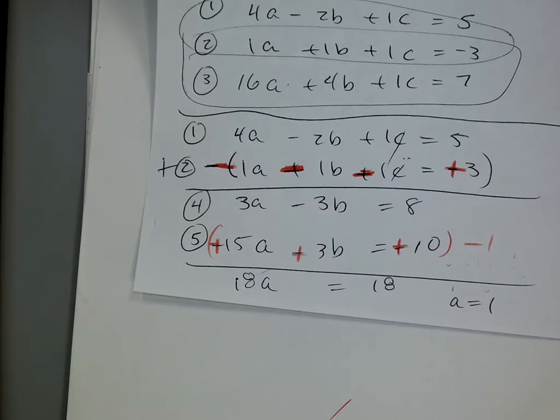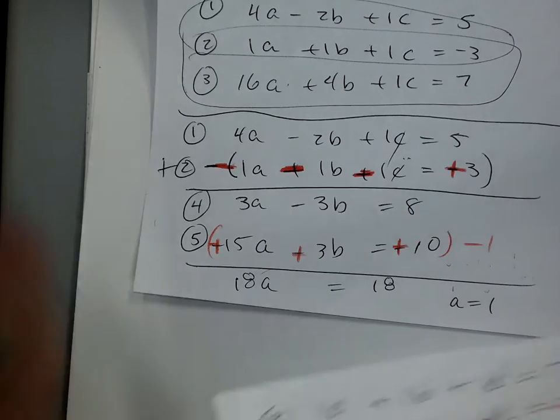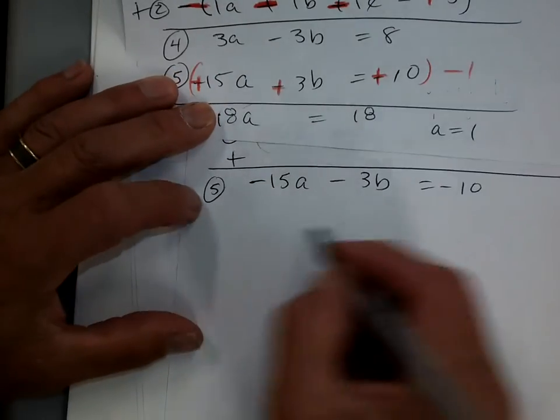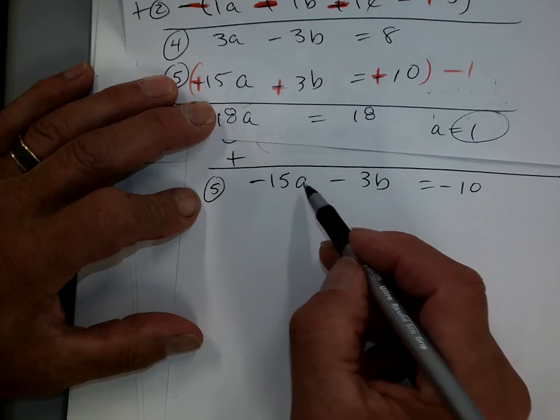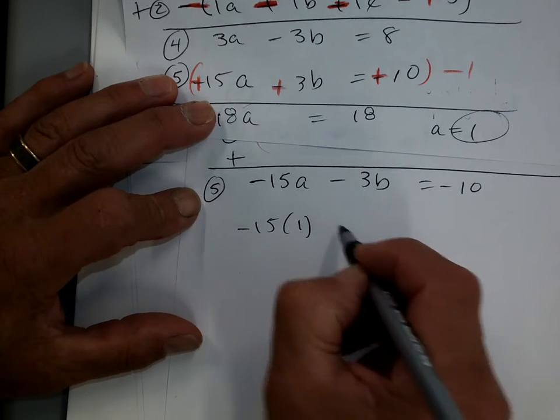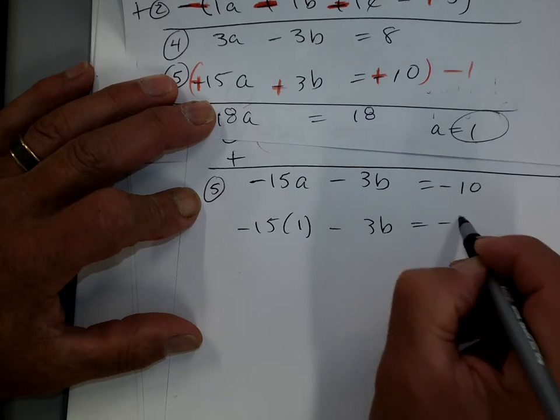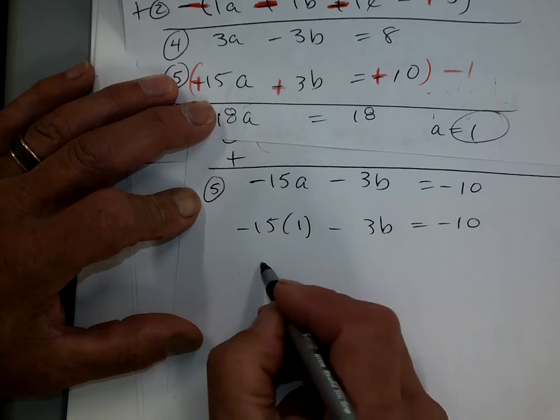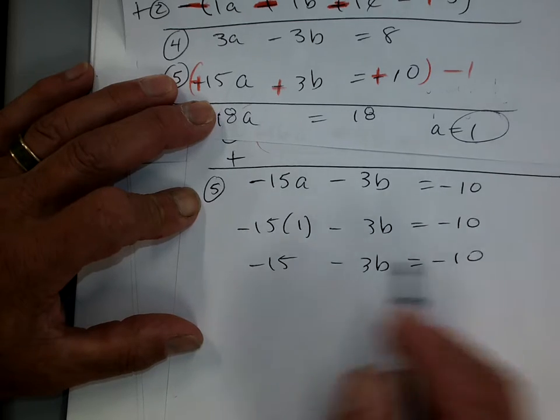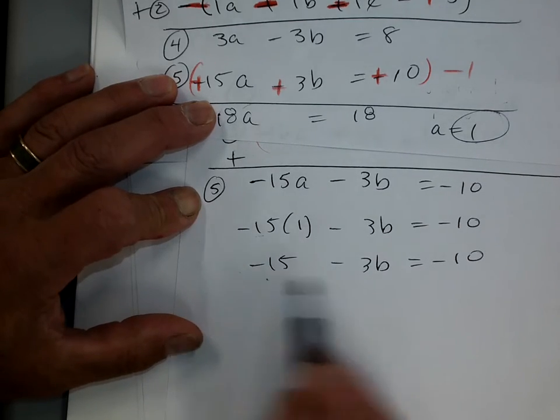Now, let's figure out what b is. Maybe I'll take that and put it into equation 5. So I'll take my 1 and put it into a. So I'll go negative 15 times my 1 minus my 3b equals negative 10. Negative 15 minus 3b equals negative 10. Just multiplied there. Plus 15, plus 15.